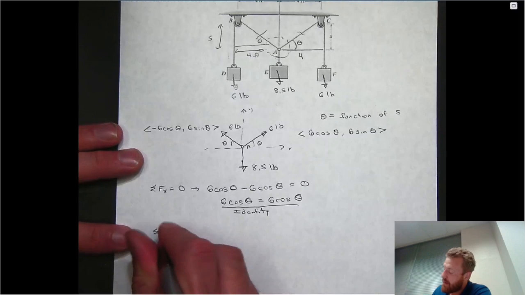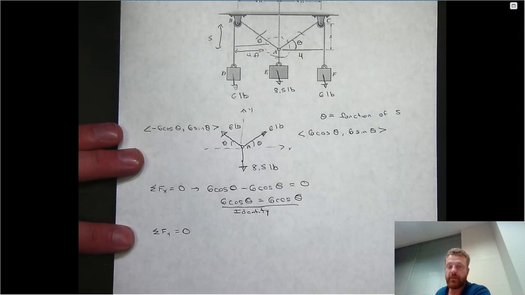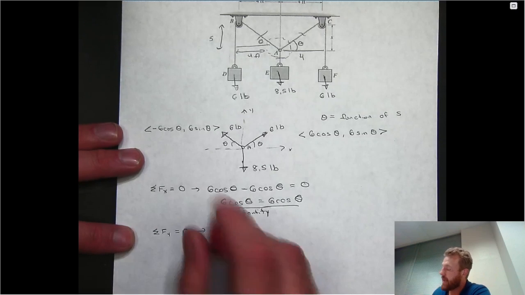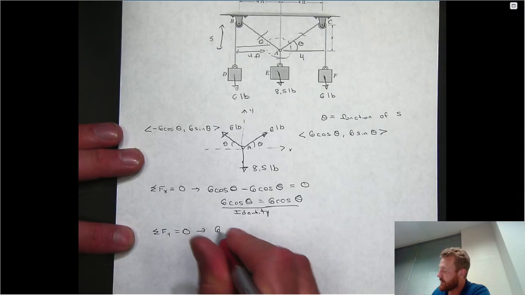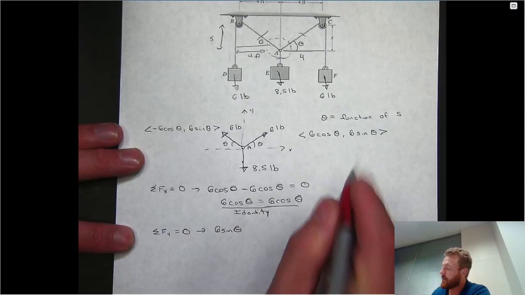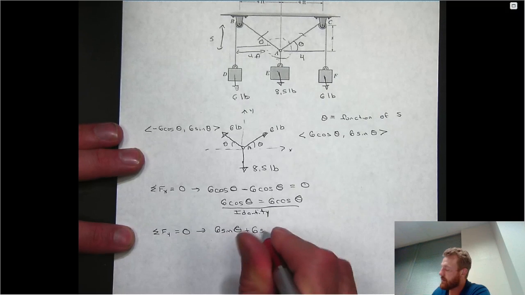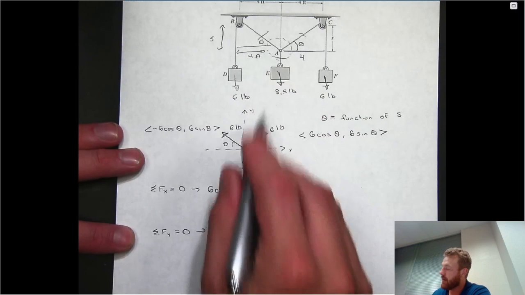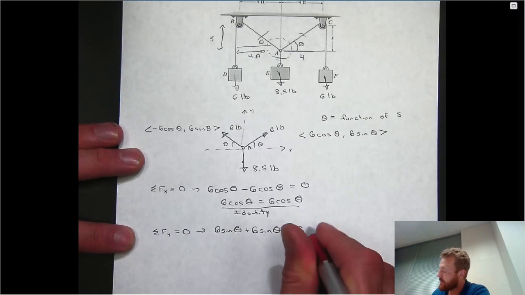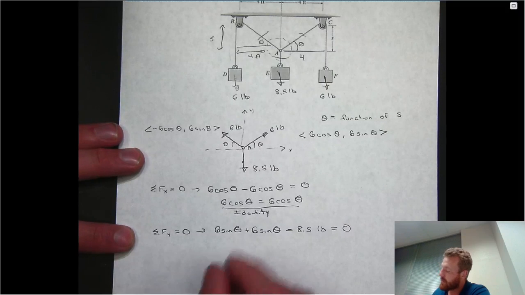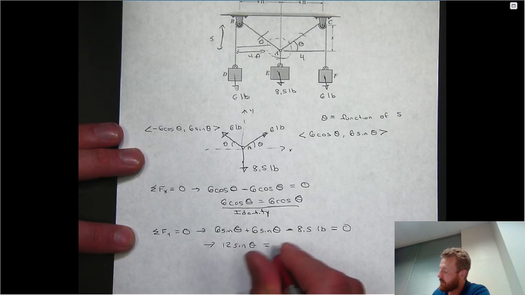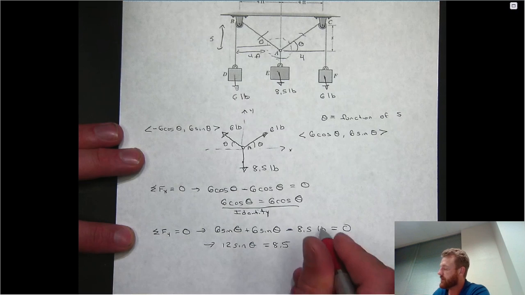So let's enforce our other equilibrium equation, which is that the sum of all forces in the y direction must be 0. Well, what would that give us? Pulling up, we have the y component of this, which is 6 sine theta. That's identical to the y component of the other tension, 6 sine theta. And that's counterbalancing the weight, which is pulling down, of block E, 8.5 pounds. So if we set that equal to 0, now we're getting somewhere, because what we find is that 12 sine theta must equal 8.5. I don't know why I put the unit in there.